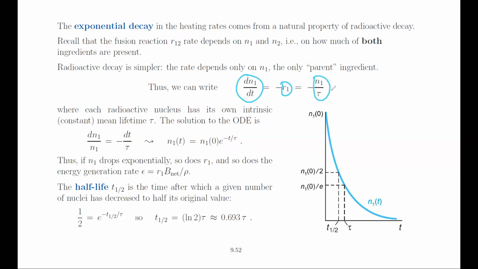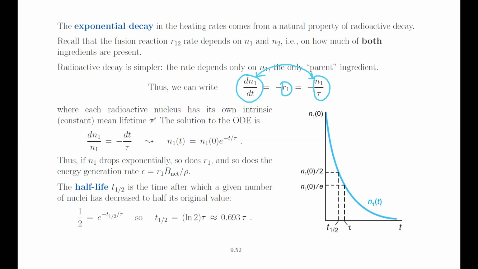And rather than writing N1 times C, that constant is often written as 1 over a characteristic time, just because, well, look at the units. The units of this equation are N over time. So you might as well write the constant as a 1 over time. This tau constant is a unique property of each kind of radioactive isotope, each kind of radioactive nucleus. There are ways of calculating it, but normally it's just something that we look up.